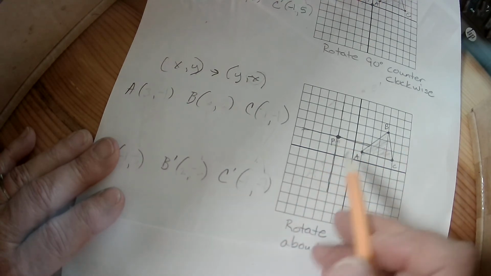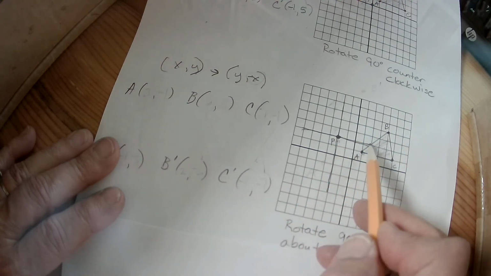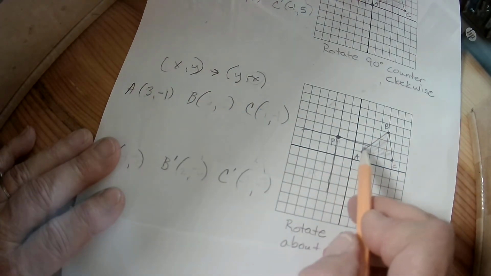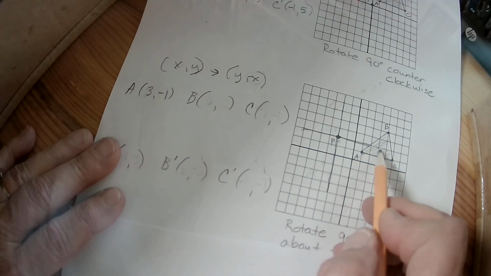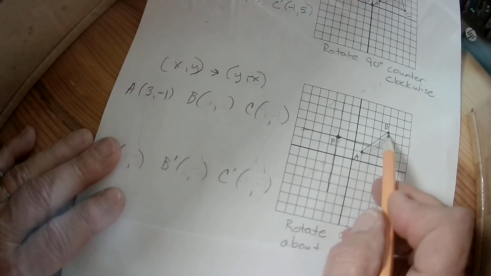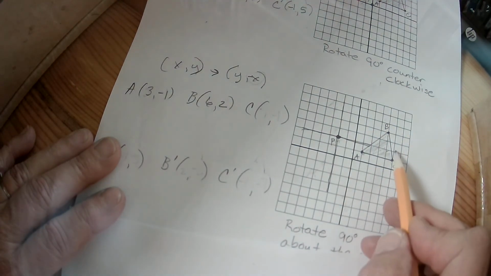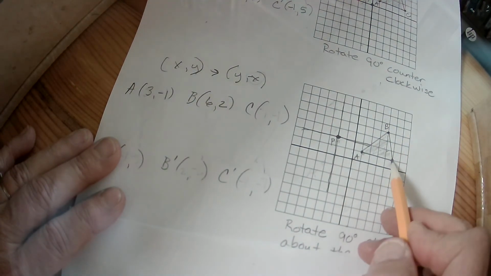A would be at 1, 2, 3, and down 1. B would be at 3, 4, 5, 6, and up 2. And C would be at 7 and down 1.